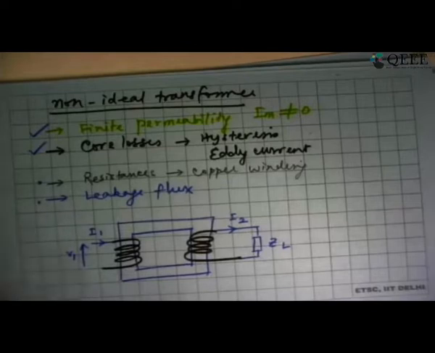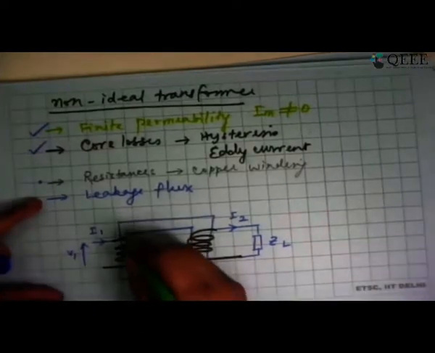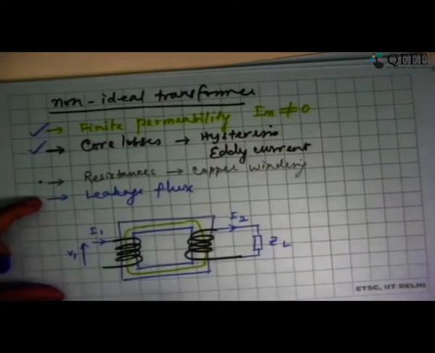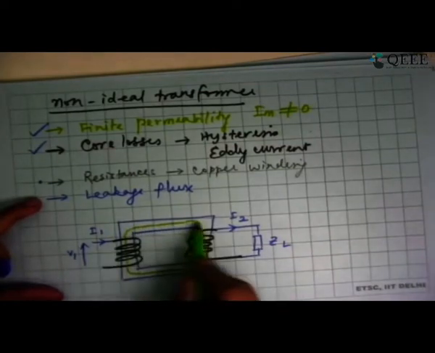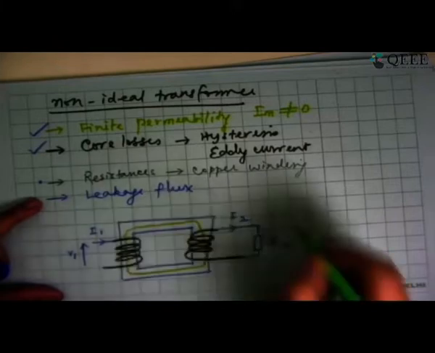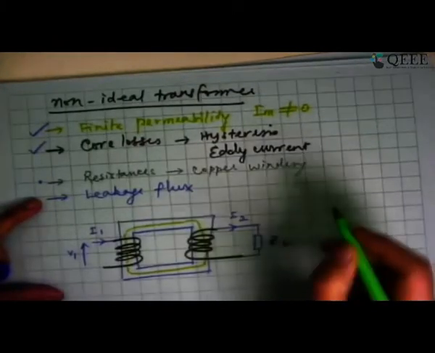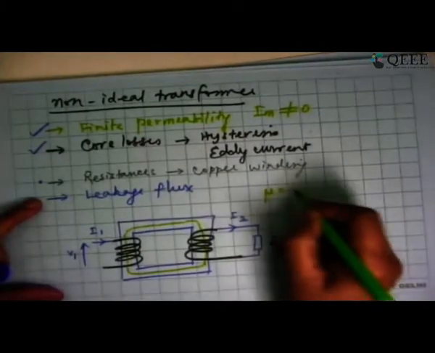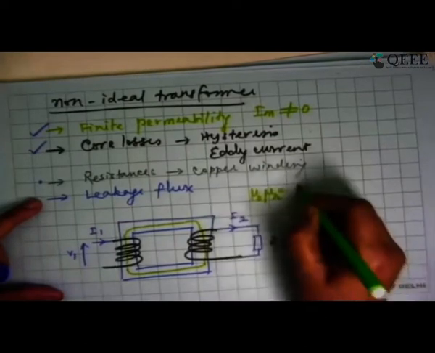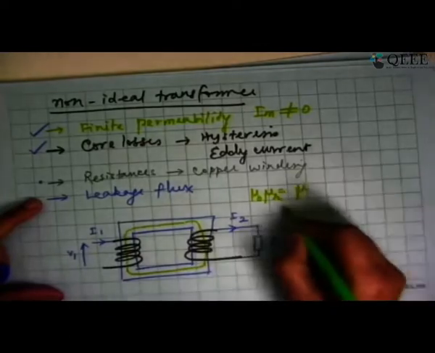Now this is going to set up a flux in the core like this, which is shown in this green line. We assume that this entire flux is going only through the core because the core permeability is high. But although the core permeability is high, it's not infinity. So mu, which is mu R multiplied by mu naught, is the permeability of the material.